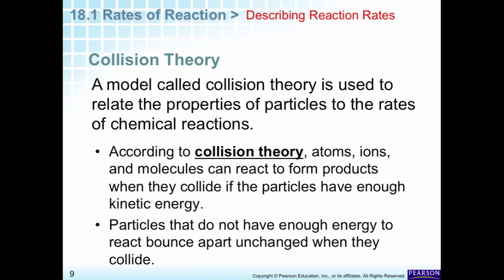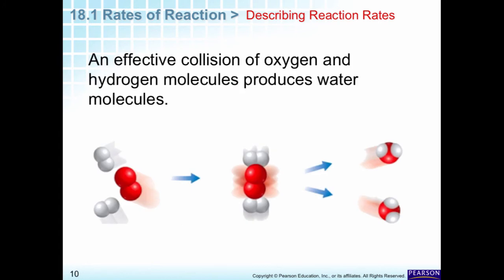They have to have enough energy that they react also. They can't just touch and maybe they won't react at all. Okay, they can just bounce apart. Kind of like if you have a pool table and you hit the billiard balls, some of them will bounce away from each other when they collide and some will just stay there.